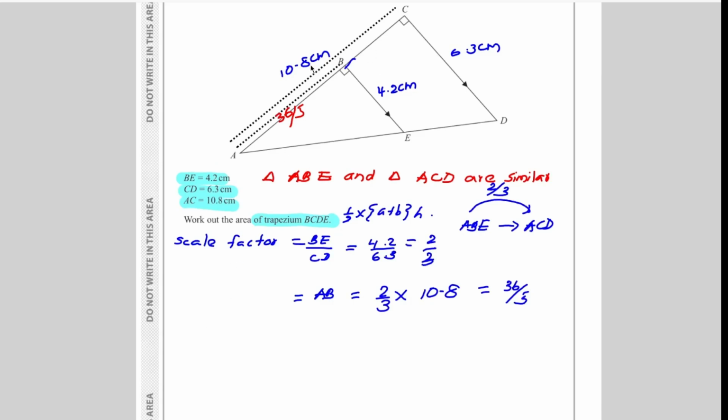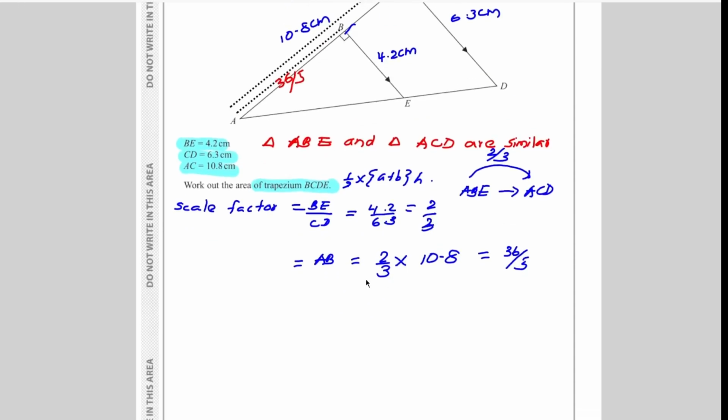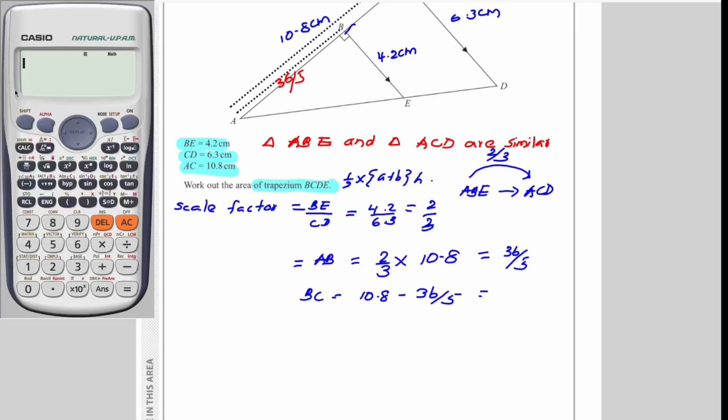Then we can get BC. How to get BC? Therefore, BC equals 10.8 minus 36 over 5.